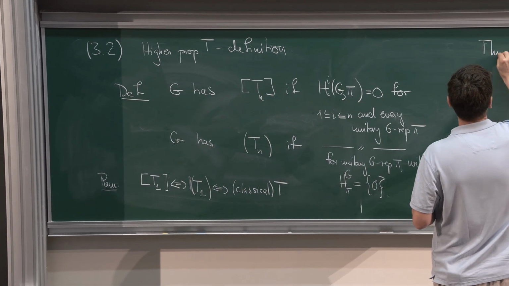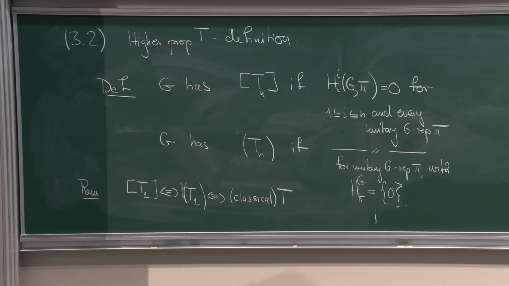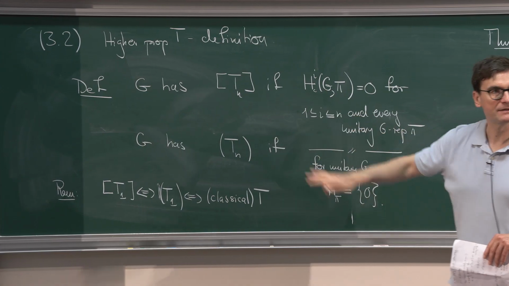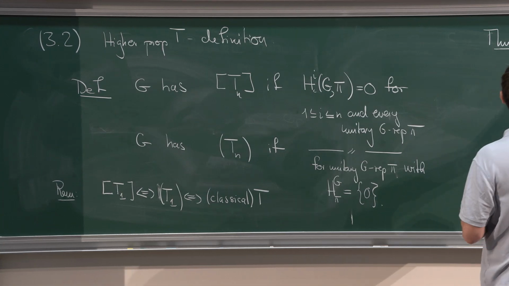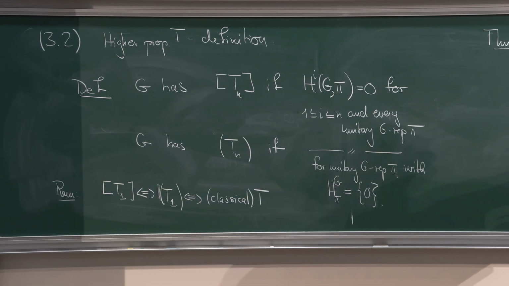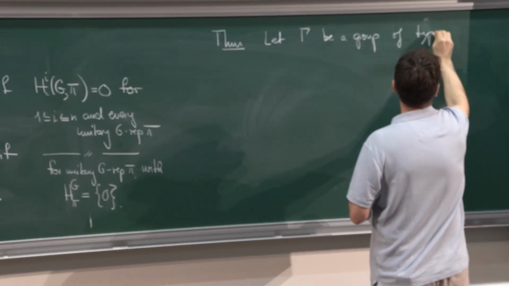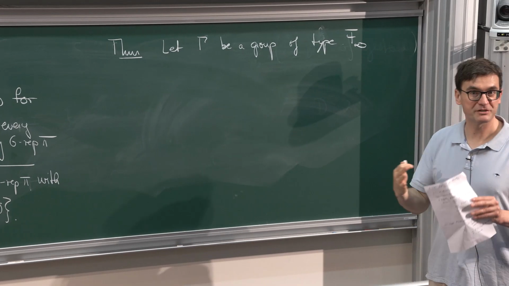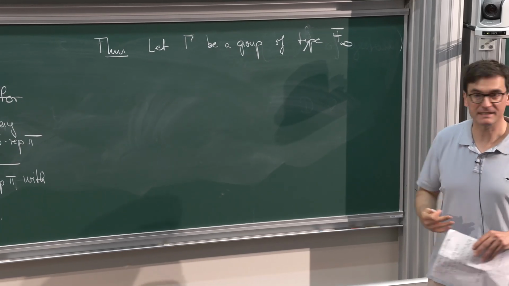So as a consequence of this ultra-power technique, we now get a result that tells you we can check both of these conditions just for the reduced cohomology. So let me formulate this. Let gamma be a group of type F infinity. So it has a nice space on which it acts, a contractible space with finite skeleton, maybe even co-compact.